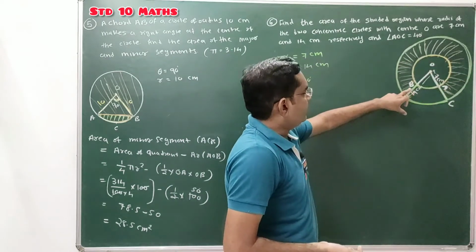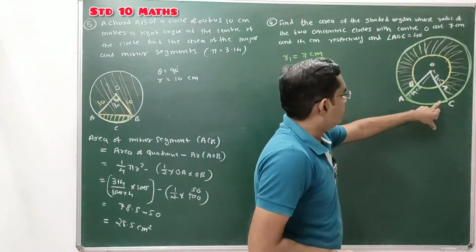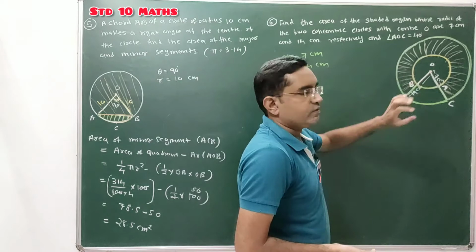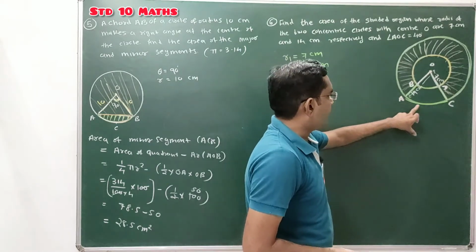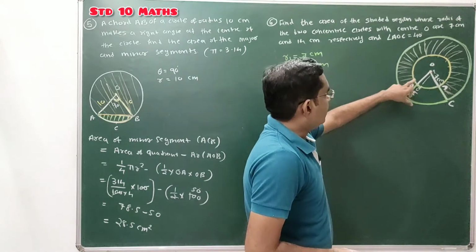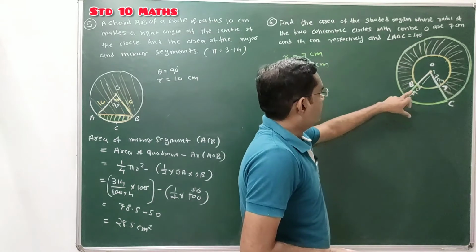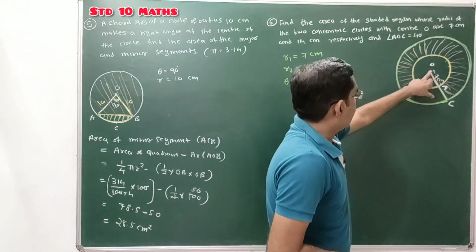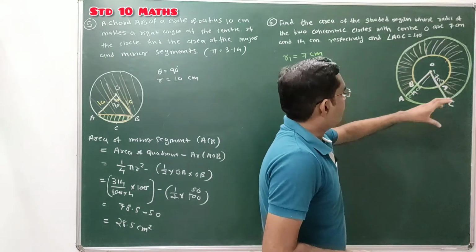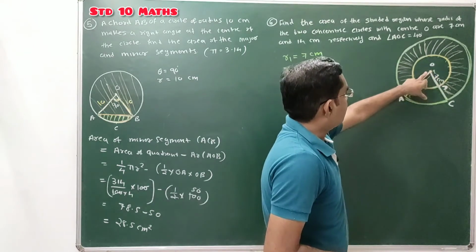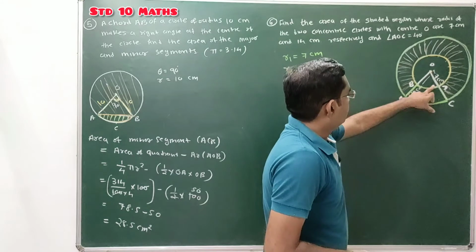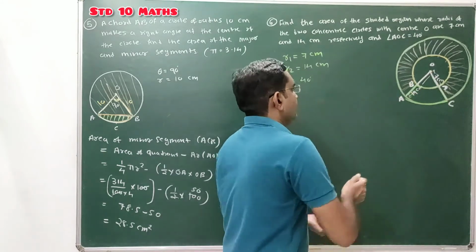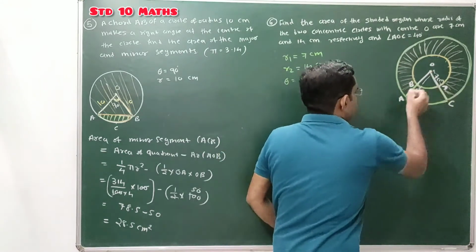From the area of the ring we have to subtract this area ACDB, so we'll get the area of the shaded region. And to find the area of this ACDB we have to find the area of the sector OAC, and from it we have to subtract the area of this sector OBD, so we'll get the area of this ACDB.